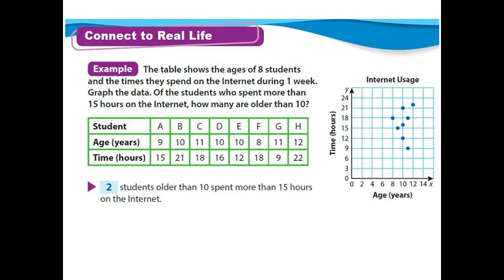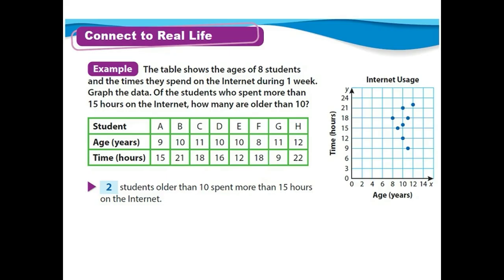So let's connect this to real life. In our example, the table shows the ages of 8 students and the times they spend on the internet during 1 week. Graph the data. Of the students who spent more than 15 hours on the internet, how many are older than 10?